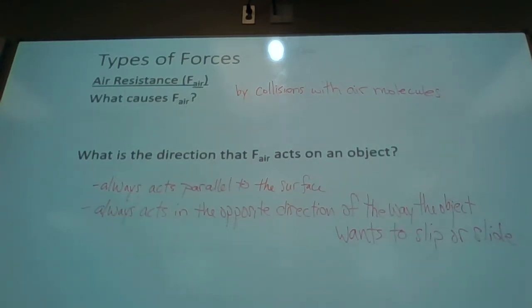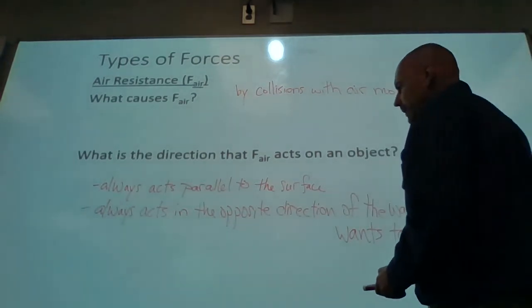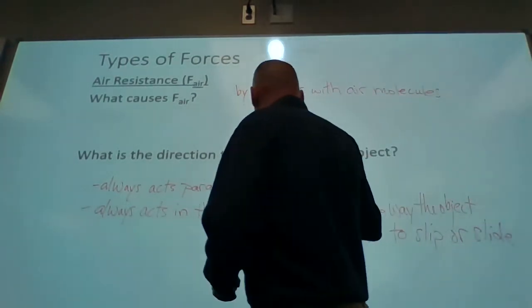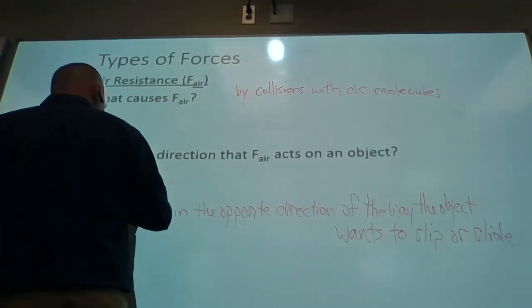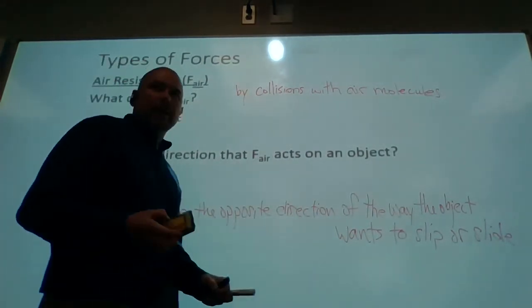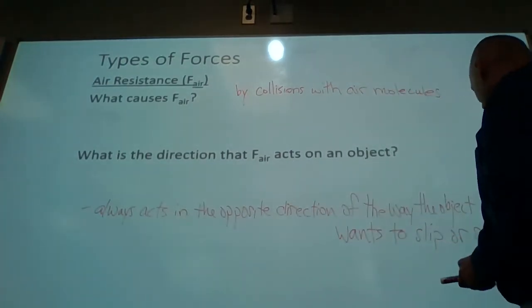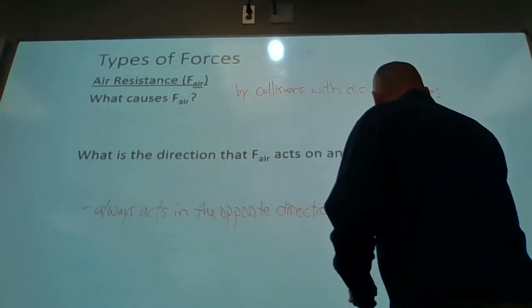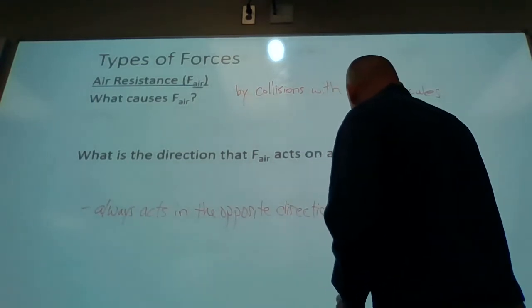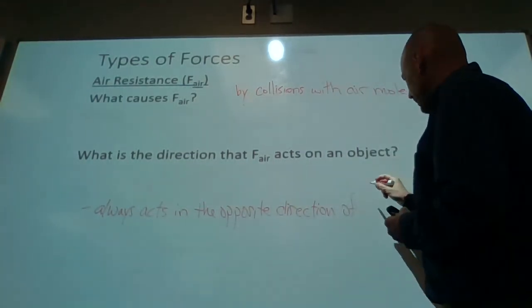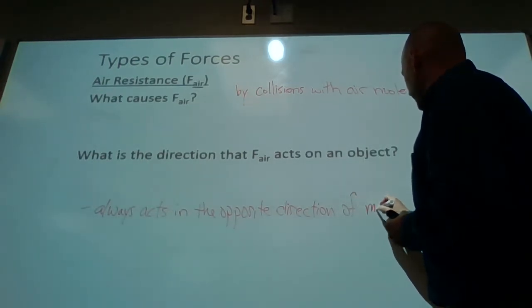And the direction of that: if you ever stuck your face outside of a window of a car, that was air resistance smacking your face. And this always acts in the opposite direction of motion.